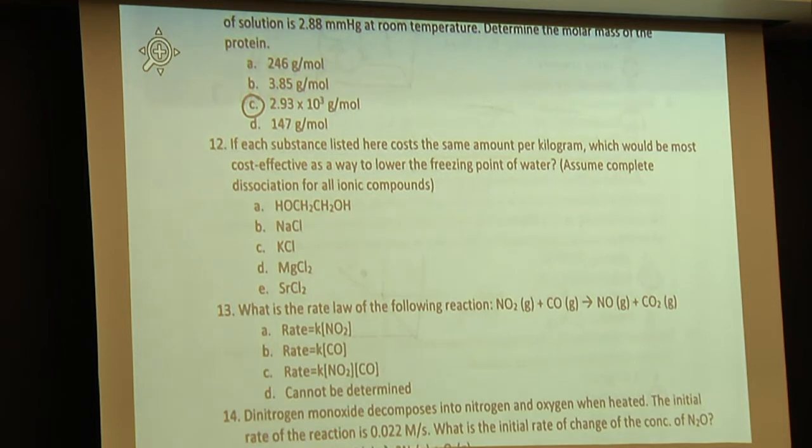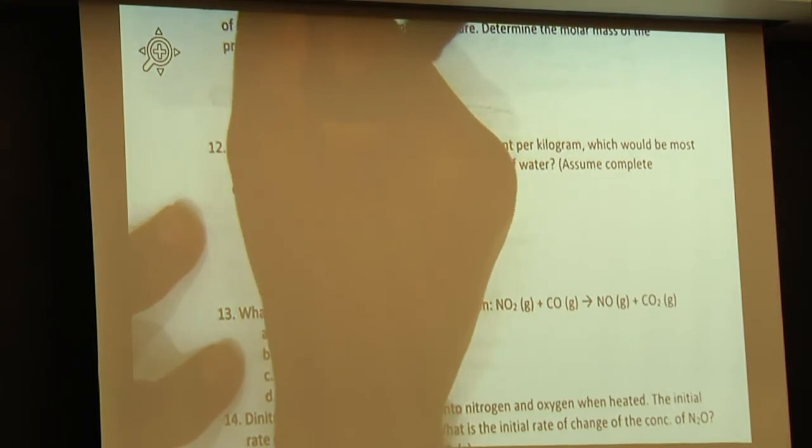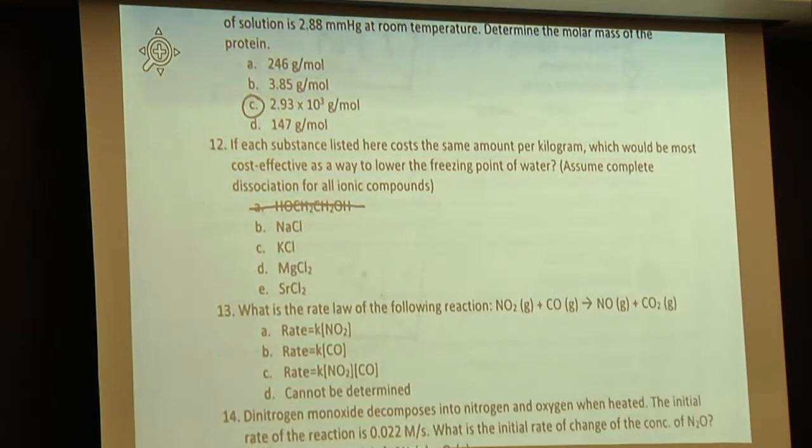Which one can we automatically cross out? Yes, we can automatically cross out answer choice A. It is not ionic, and it's going to have a van 't Hoff factor of 1, and all the other ones will have a van 't Hoff factor of 2.